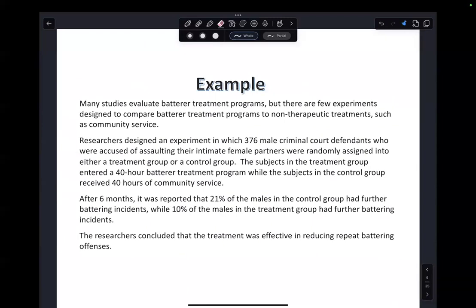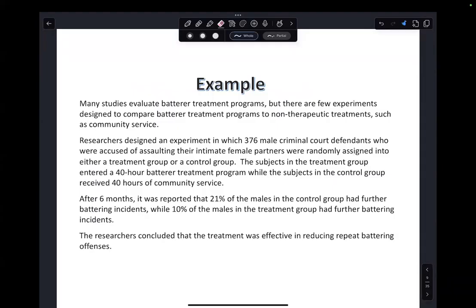All right. So here's an example. So many studies evaluate batterer treatment programs. There are a few experiments designed to compare the programs to non-therapeutic treatments. So a lot of times for people who battered their domestic partner, they just have them do community service.